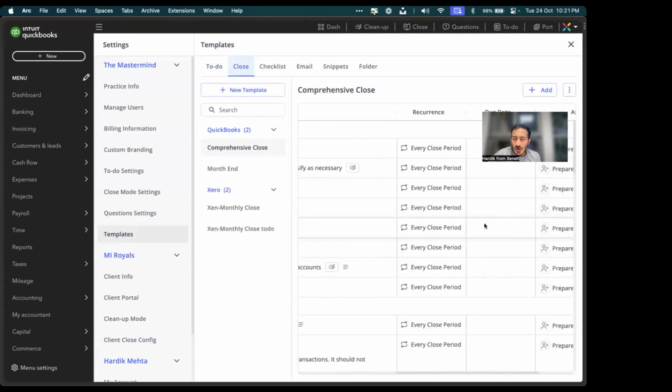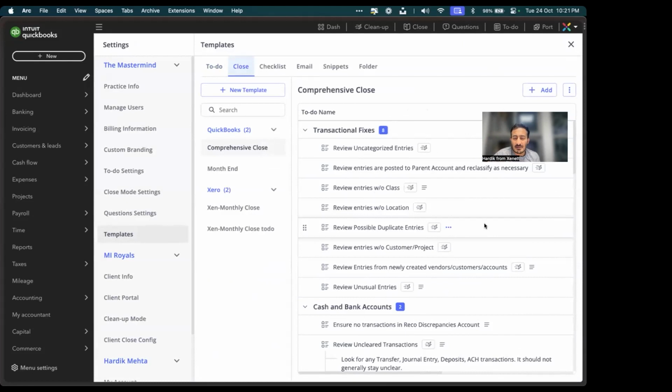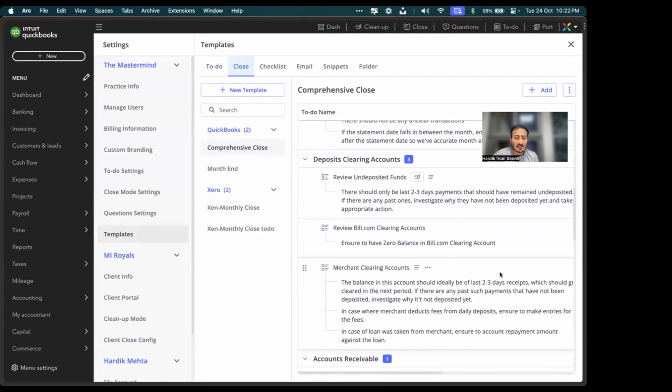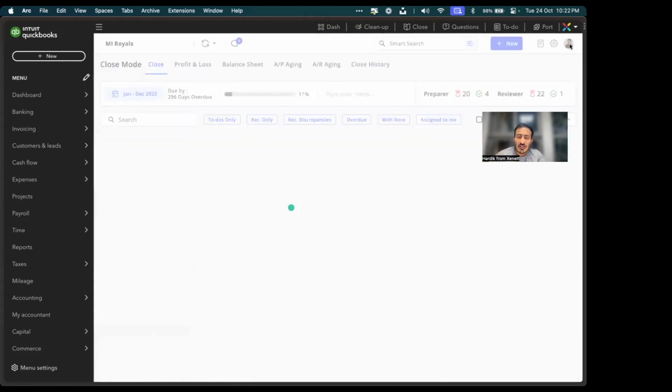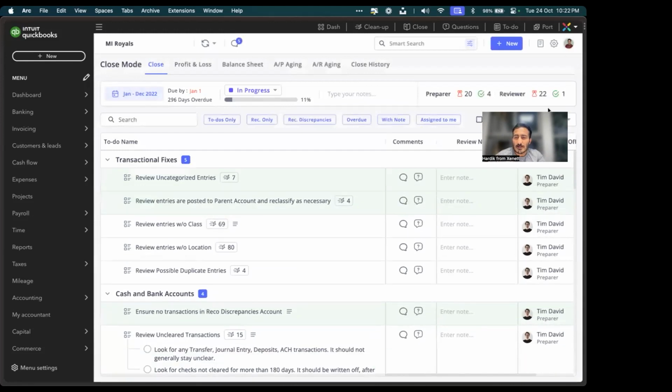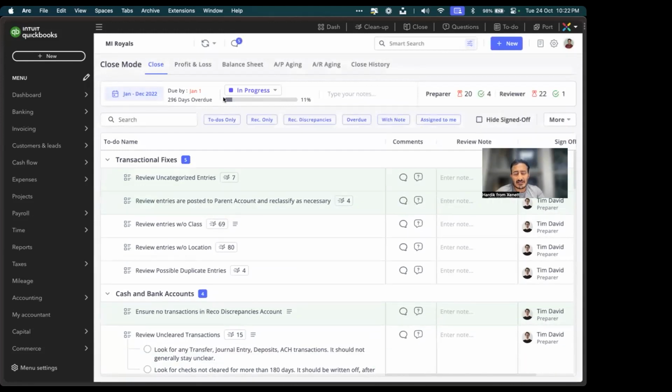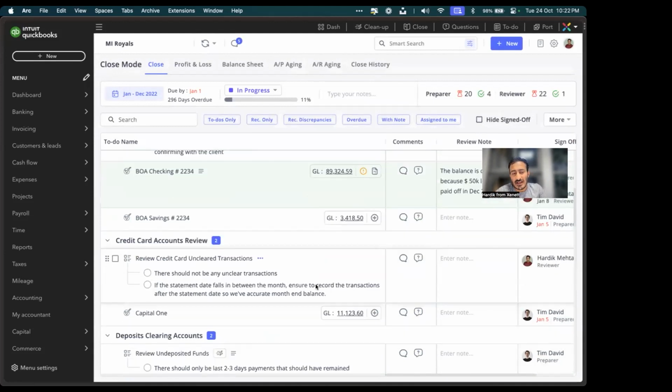Depending on the client, because some clients may not have accounts receivable, some may not have security deposits, some may not have employee advances, we decide which ones to keep and which not to keep, right? We have a standard one that we apply, and once it's applied to a client, we make certain changes which are specific to the client. So that's a best practice.